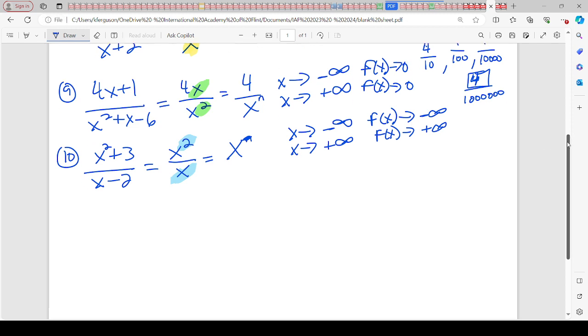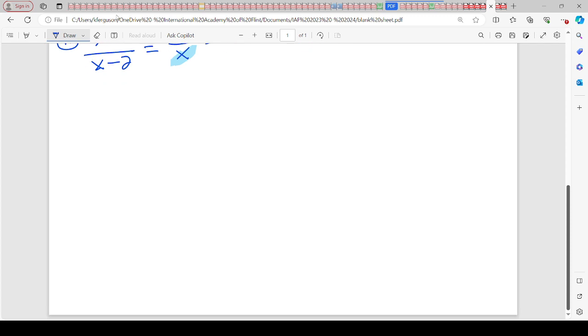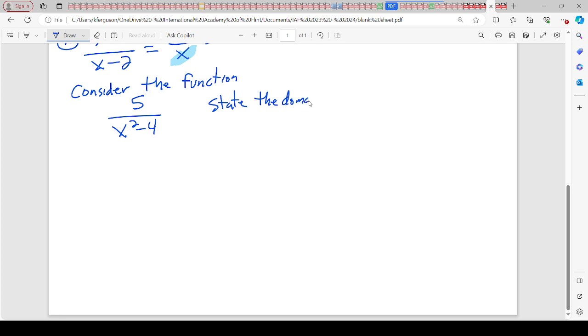Okay, so now let's consider the function 5 over x squared minus 4. So there's three things to consider. There's state the domain of the function. Then there's determine end behavior.